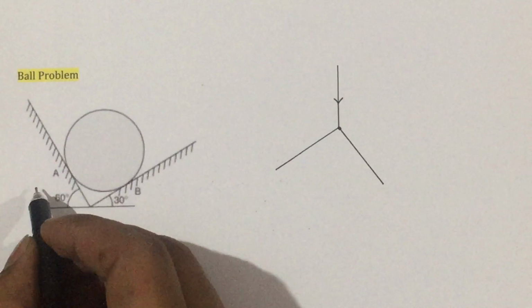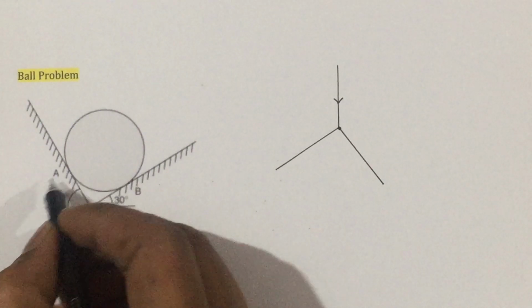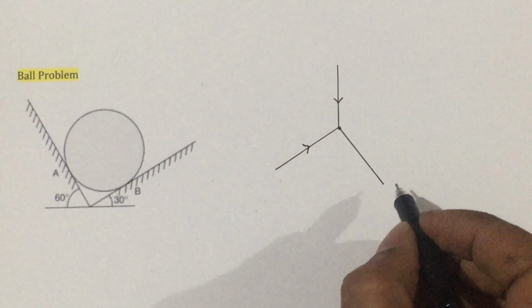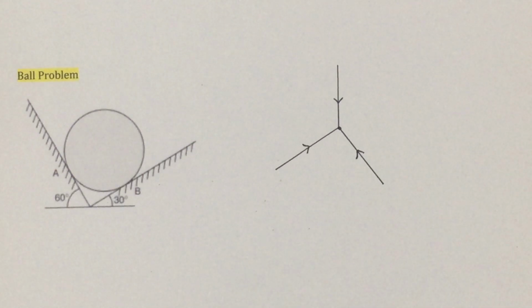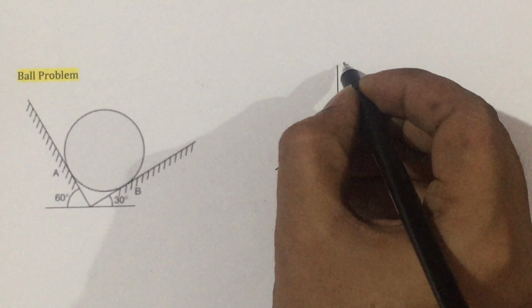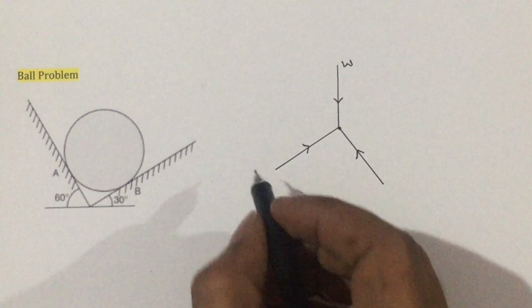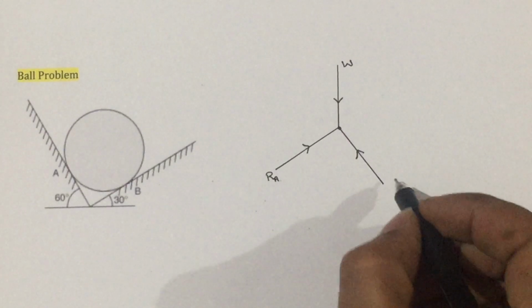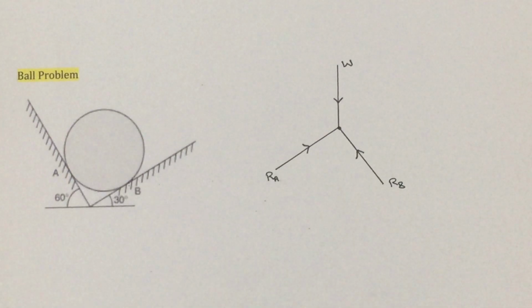Then reaction: from this side the ball is doing the action, so from the opposite side there will be a reaction. Here also from the opposite side there will be a reaction. Then magnitude: this will be the weight of the ball, it will be given in the problem. Then this will be the reaction at the A point, then this will be the reaction at B point.